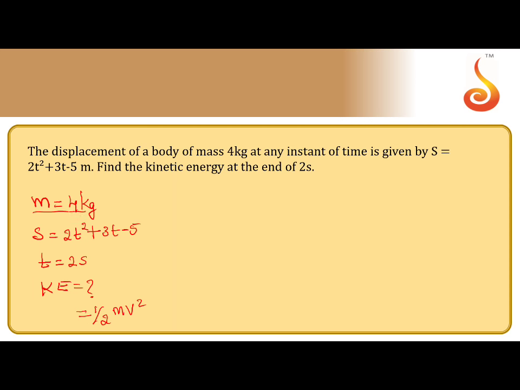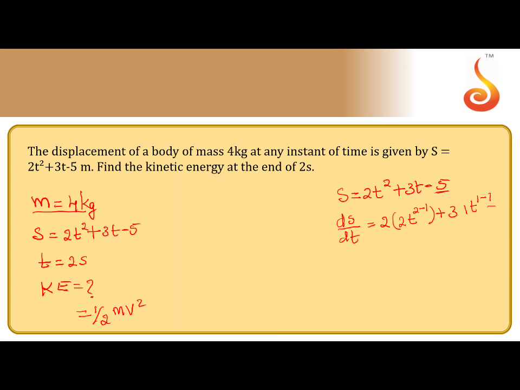You know that kinetic energy equal to half m into v square. Mass is given, velocity is not given, so use the relation S equal to 2t square plus 3t minus 5. Differentiate it with respect to time. ds by dt is equal to 2 into differentiation of t square will be 2t, 2 minus 1, plus 3 into 1 t power 1 minus 1.